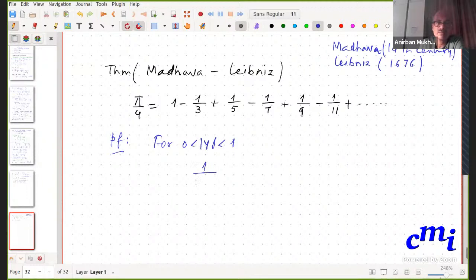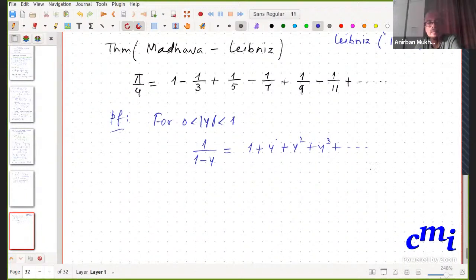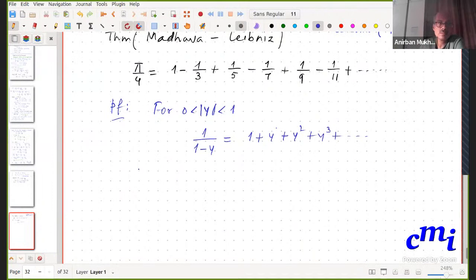we write this quotient 1 by 1 minus y as an infinite series: 1 plus y plus y squared plus y cubed, etc. Now let's modify this a bit.